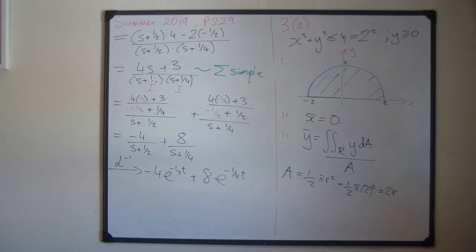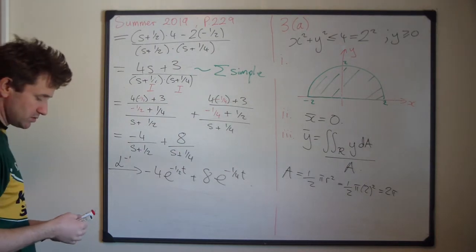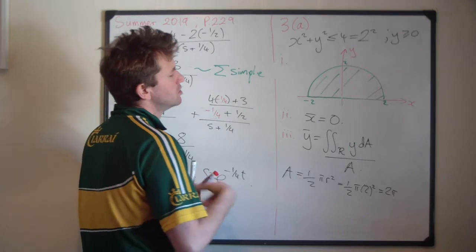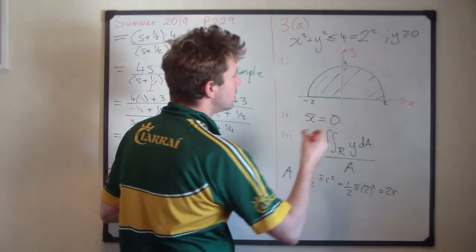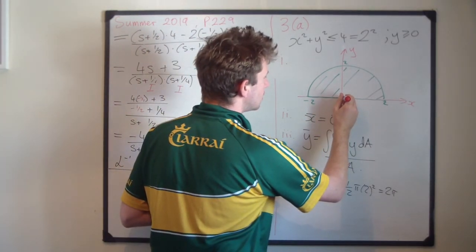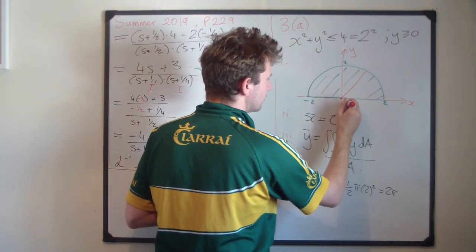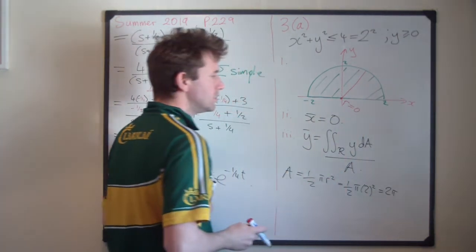Okay. Now what we have to do is integrate y over that whole region. What we're going to do is find the contribution to this sum from a spoke. So that means we're going to add up from r equal to 0.